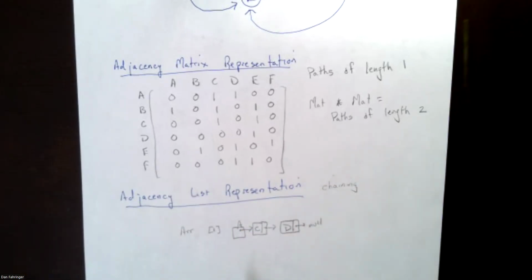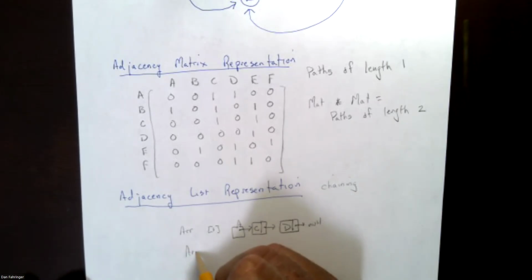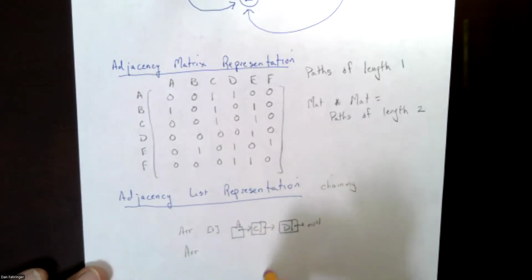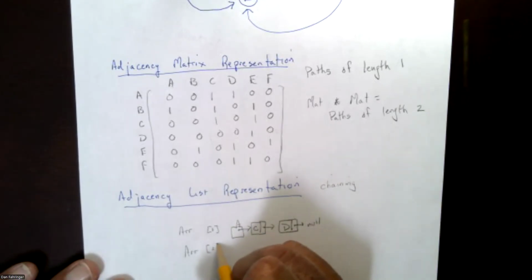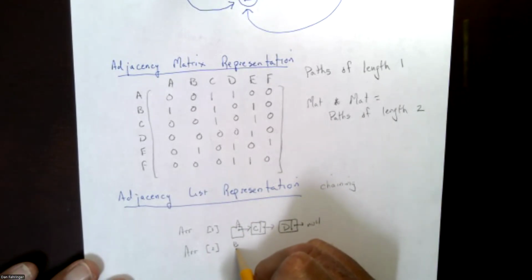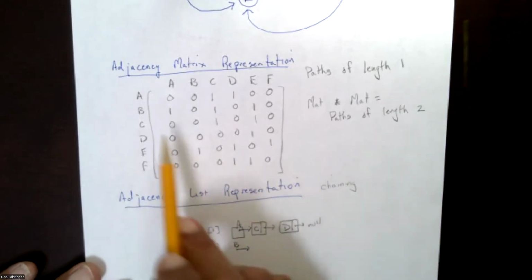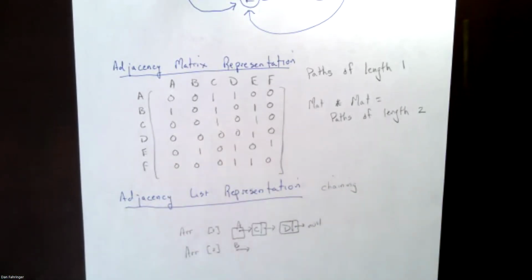A sub 2, or actually we should say 0, right? We could do whatever we want. A sub 2 is B, and this has a pointer to A, a pointer to C, and a pointer to E. So I could store these as a linked list. Now, can I do much beyond this? Not really. This is the good way to work with this data type, dealing with a directed graph.